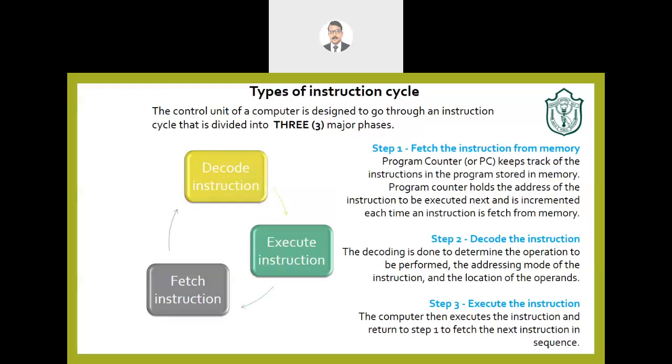First is fetch the instruction from the memory, second is decode the instruction, and third is execute the instruction. After the third step, the computer will again go to the first step. So this is how instructions work in the computer.